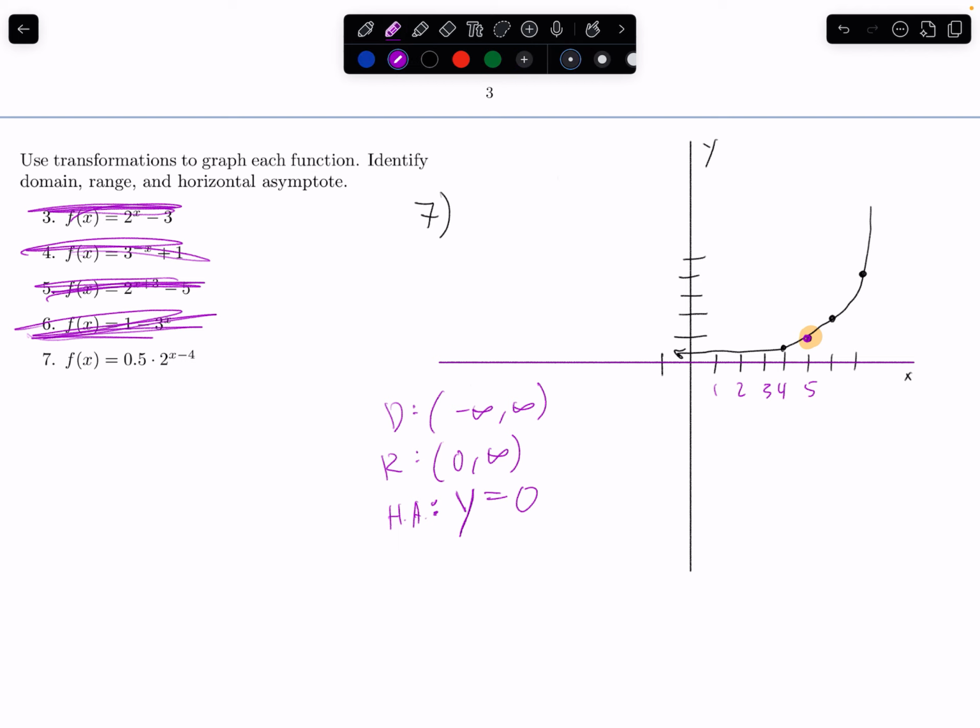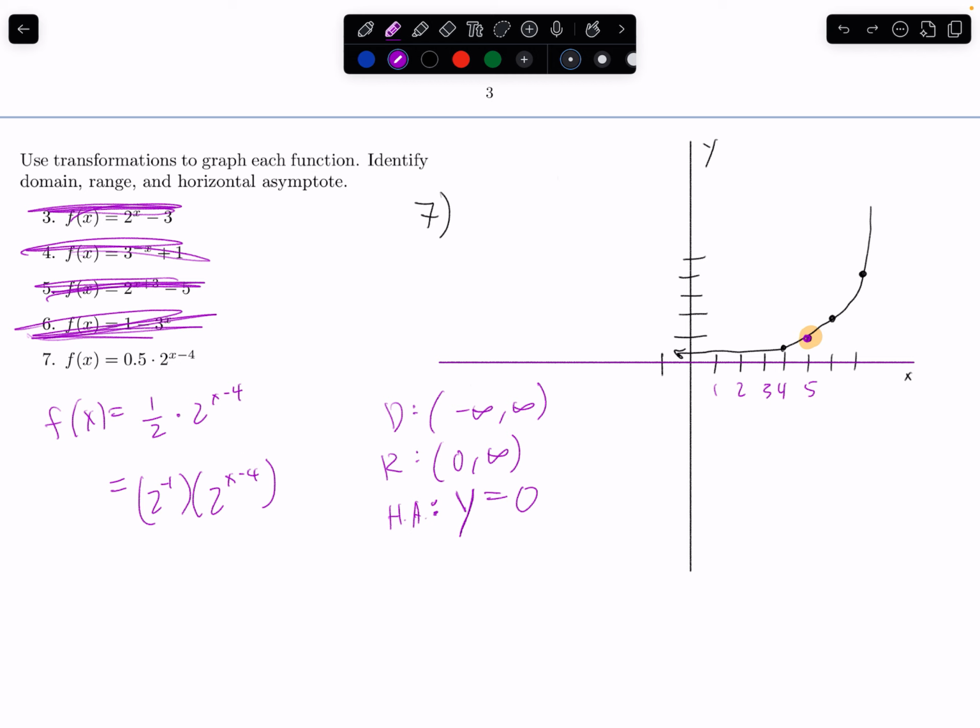So if I think about f of x equal to 0.5 times 2 to the x minus 4, 0.5 is really a half, so 1 over 2 times 2 to the x minus 4. Well, what is 1 over 2? 1 over 2 is actually 2 to the negative 1. So I've got 2 to the negative 1 times 2 to the x minus 4. We haven't talked about this, we'll talk about it in the next video, but the rules of exponents say that when you multiply two things with the same base, you add their exponents.